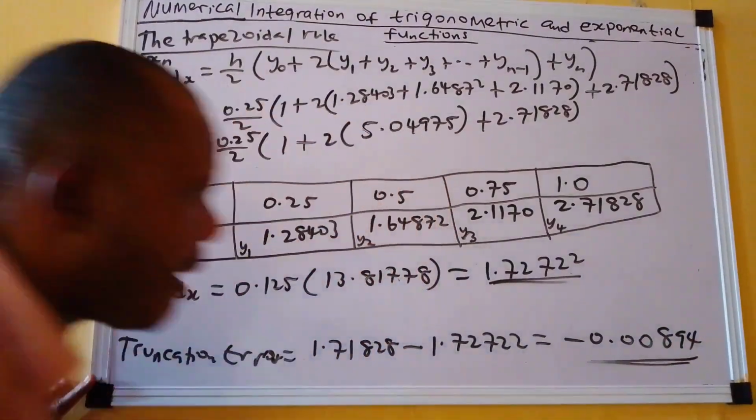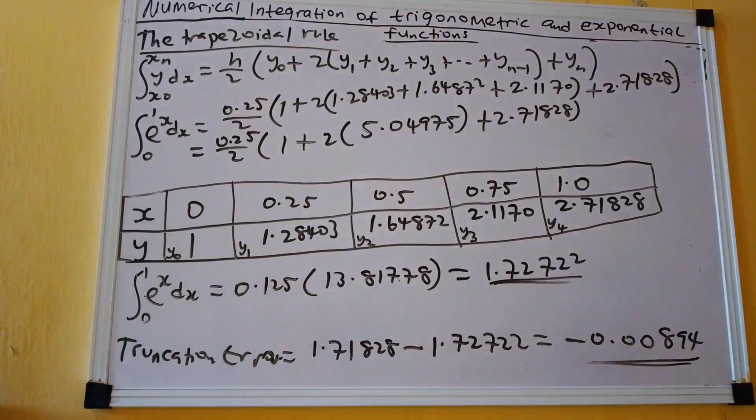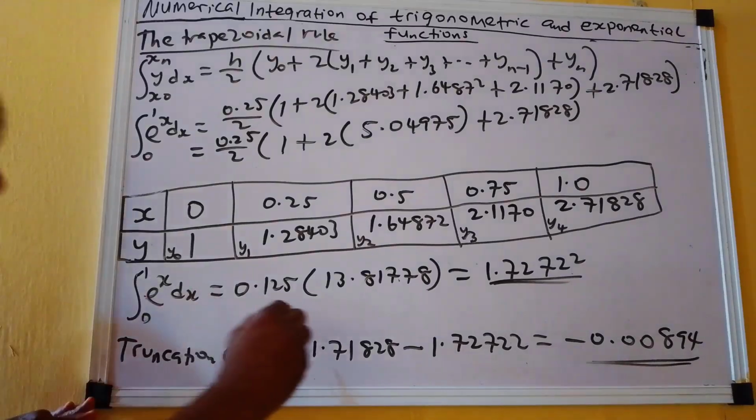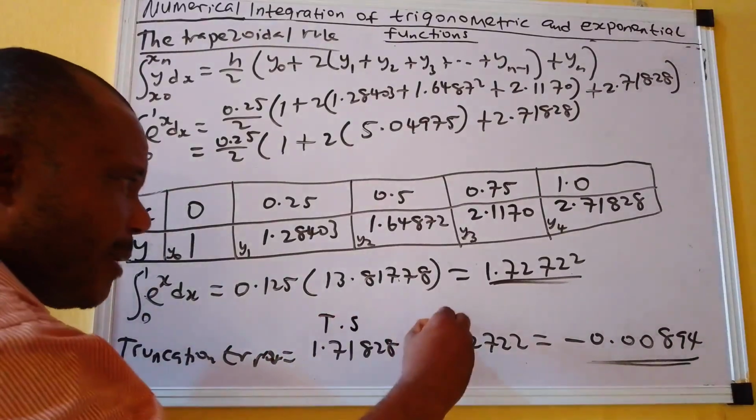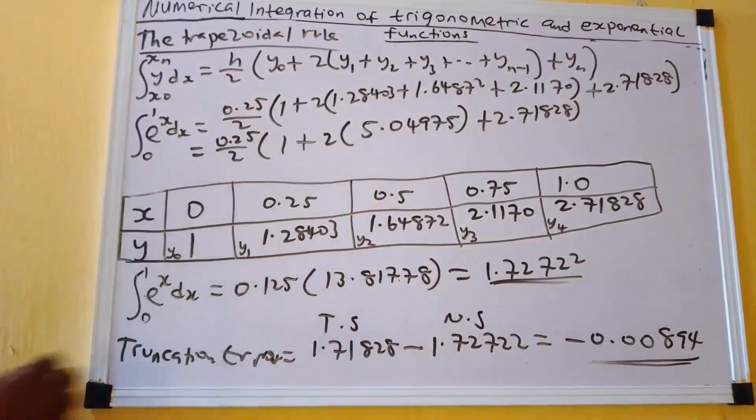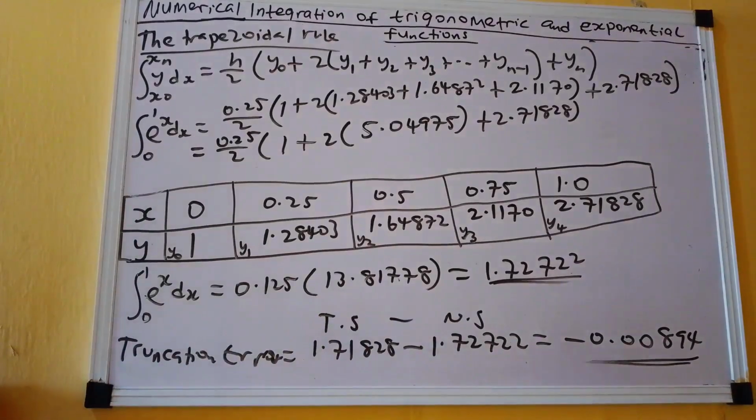So this will be our truncation error gotten using the trapezoidal rule to solve that same problem. So this is our true solution, and this is our numerical solution. That minus that, so you have that. So you should understand this. I hope the class is becoming interesting by the day.